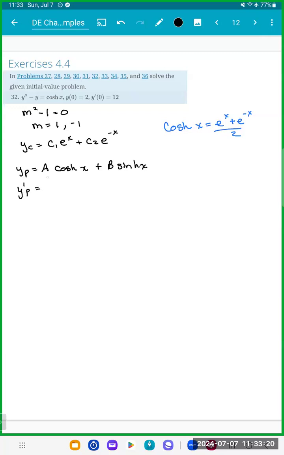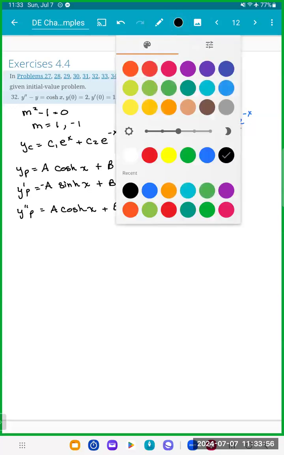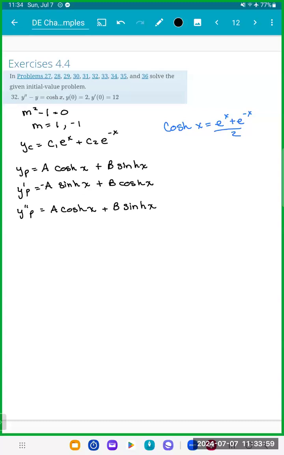Our first derivative of that is going to be a sine h of x plus b cosine h of x. And our second derivative is going to be a cosine hx plus b sine h of x. Okay, so we want to sub into our differential equation. Let's do a little bit of coloring.